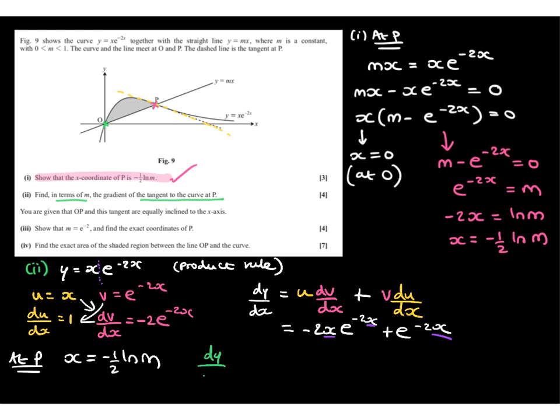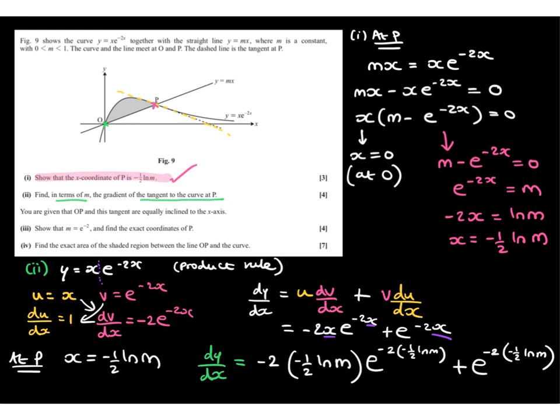So dy by dx is then equal to negative 2 multiplied by negative 1/2 ln m, e to the negative 2 multiplied by negative 1/2 ln m, plus e to the negative 2 multiplied by negative 1/2 ln m. And there are lots of different ways of working through the full substitution. I've perhaps done more working than you might need to here, just to make the point really clear.